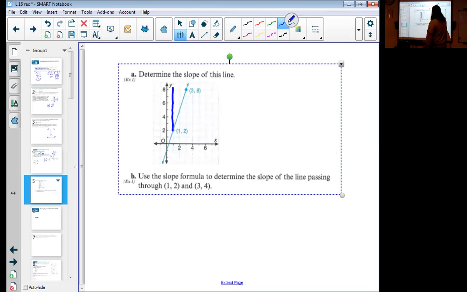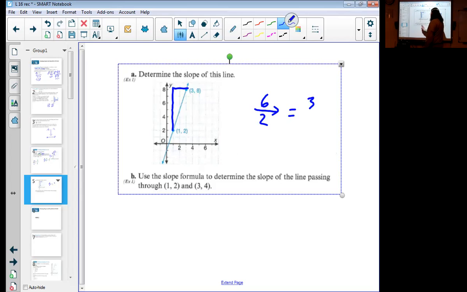Up 6. And then we go over 1, 2. Remember, I'm always saying over because I'm going in that direction. 6 over 2, which is equal to 3. So the slope of that line is 3.